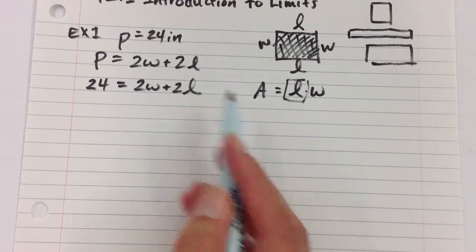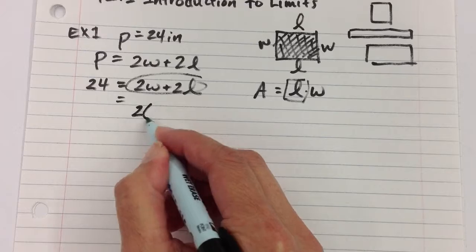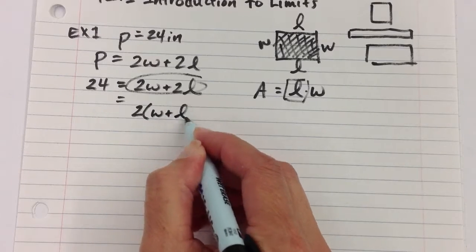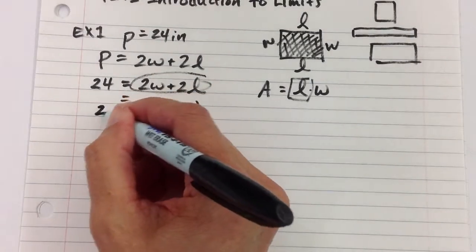Okay, so one thing I'm going to do, since these both have a 2 in them, I'm going to take a 2 out and put w plus L. 2 times w plus L equals 24.